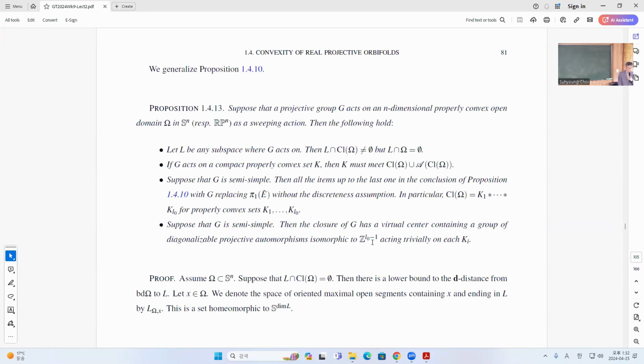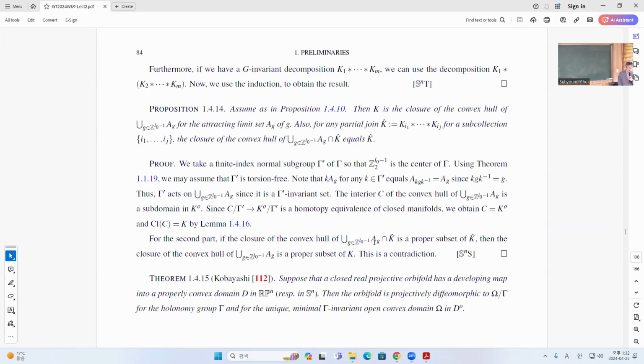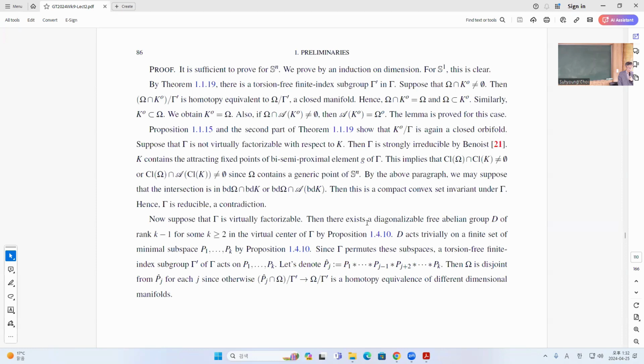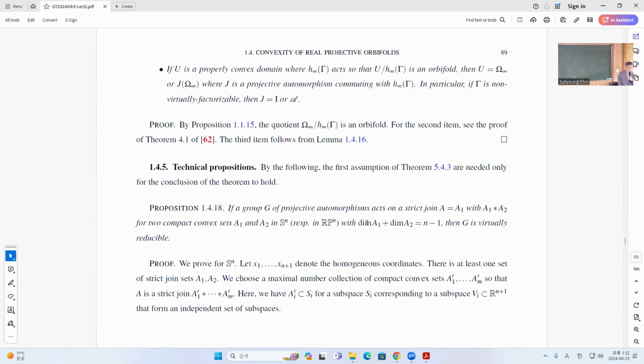So this is a generalization of the previous theorem for the sweeping action. I will skip the proof here. These are again some technical theorems I need later.